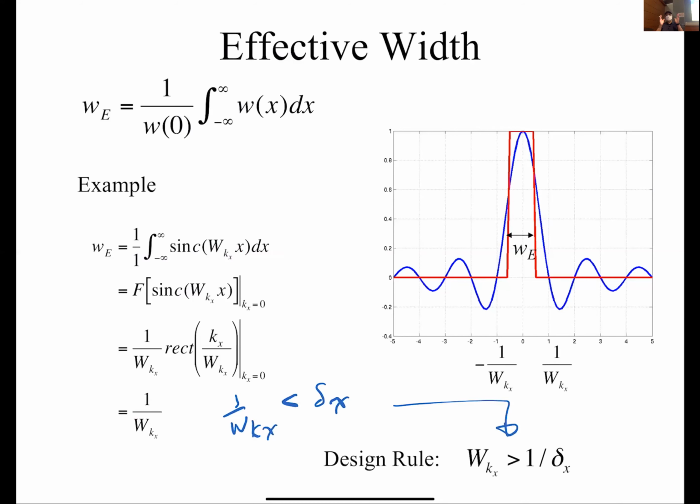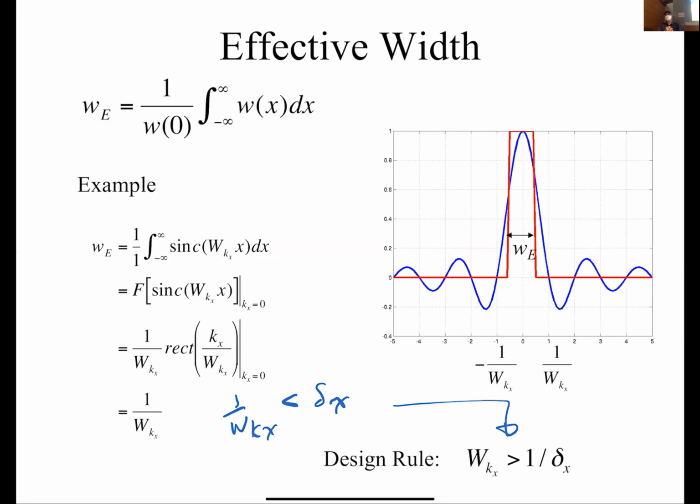That makes sense because given a desired resolution, it's okay if I collect more data in Fourier space, because that's only going to increase my resolution. But if I collect less, then I'm going to get a bigger width, and that's not going to meet my resolution requirement. It's always okay to acquire more data. Similar with delta k, it's always okay to sample more finely. Then you just get a bigger FOV.